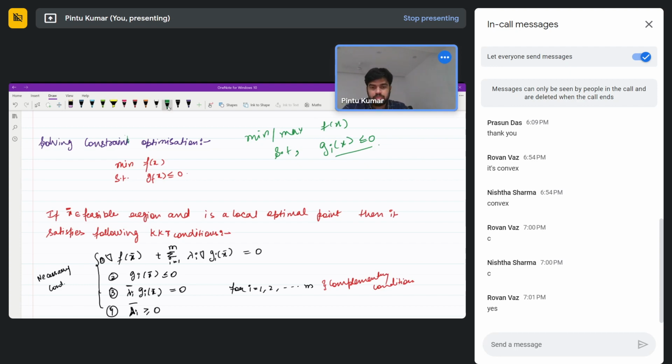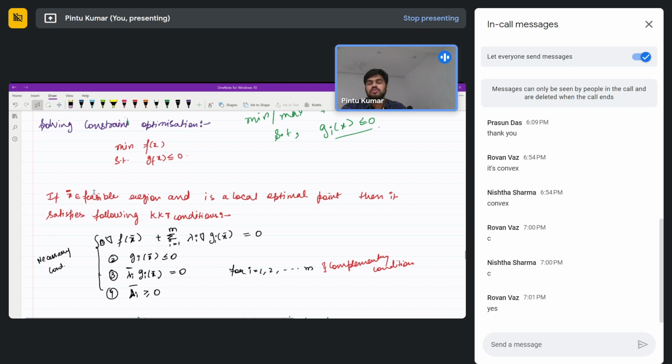Now this is a necessary condition, not a sufficient condition, similar to the gradient condition that said that this is 0. So for constrained optimization, similar to this condition, we have this necessary condition.